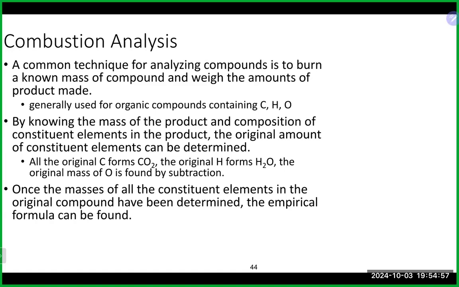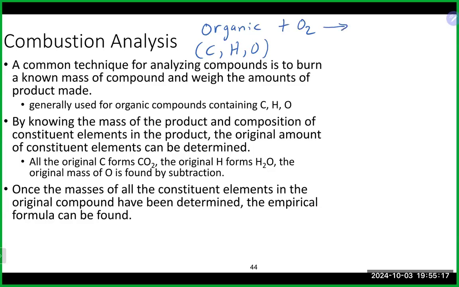A combustion analysis involves a combustion reaction, and the most common combustion reaction that we do this with is we take some type of organic compound that contains usually the elements carbon, hydrogen, and sometimes oxygen. We add oxygen to it and go through a combustion reaction.